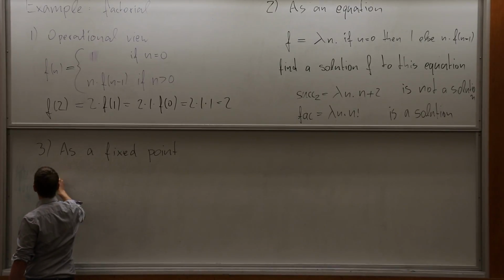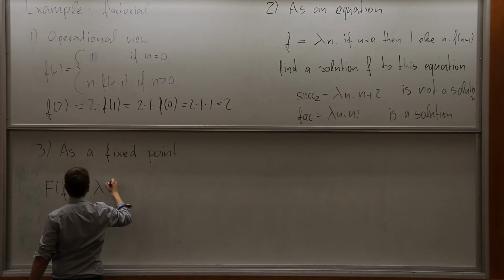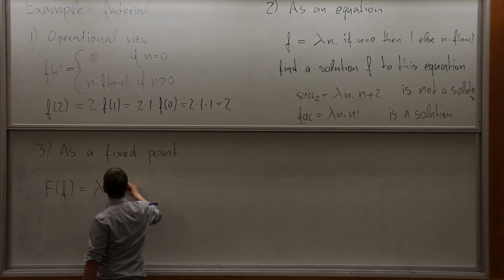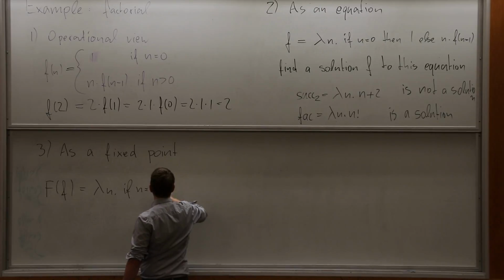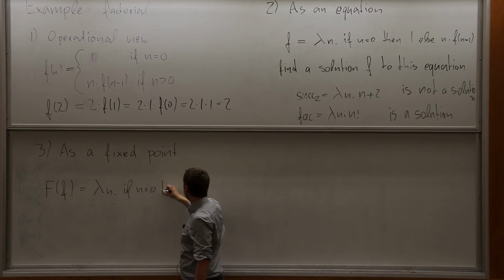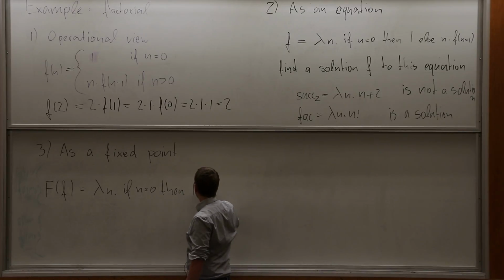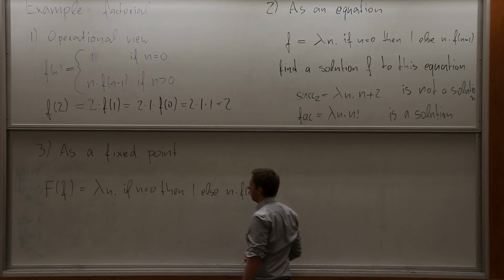We just say it's a function that takes f and returns a new function that looks exactly like what's written there in this equation. So if n equals 0, then 1, else n times f of n minus 1.